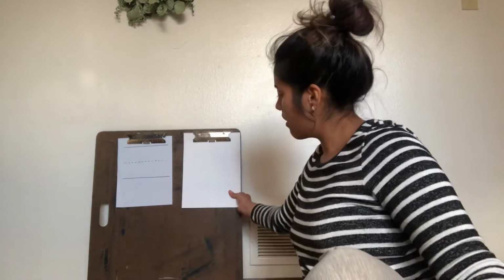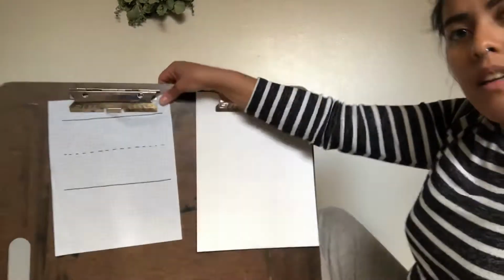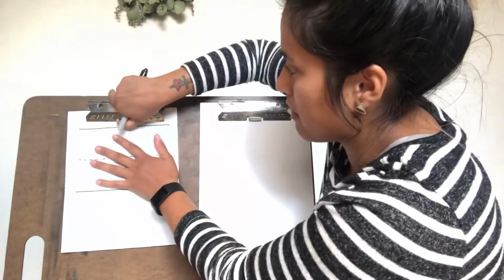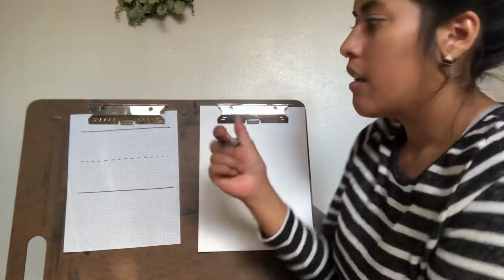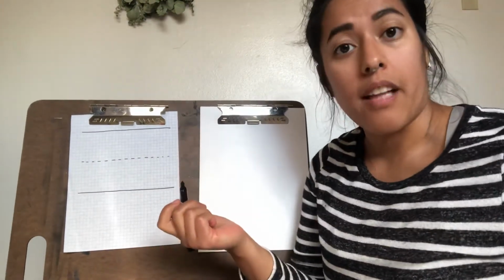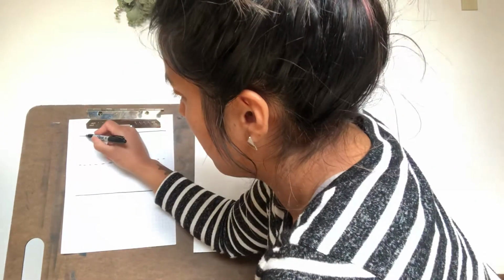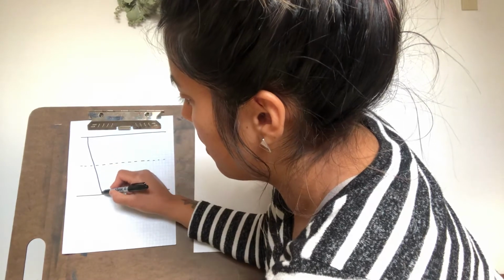So let's write letter V. Bring this a little bit closer so you can see. There we go. Oops, it's a little wobbly. Let me fix this. Okay. So, letter V, remember we start our letters at the top. So we're going to start up here at the top, and we're going to go down diagonal a little bit.